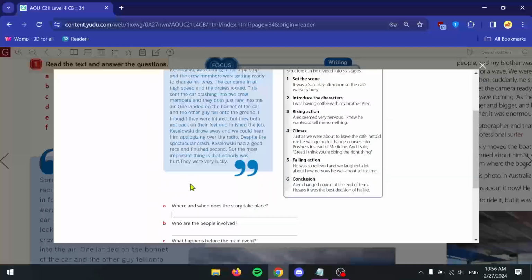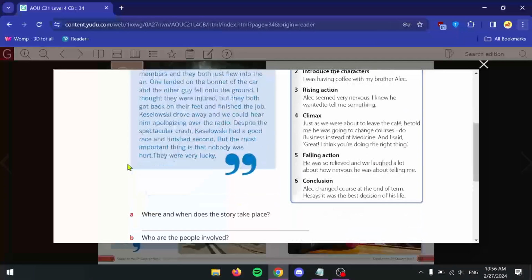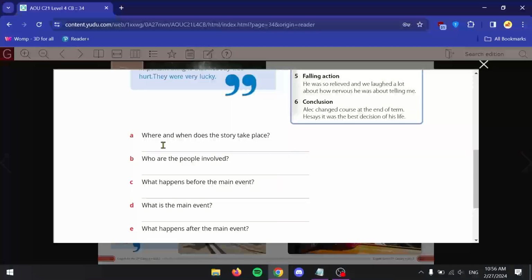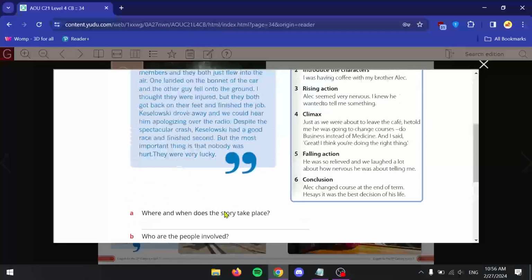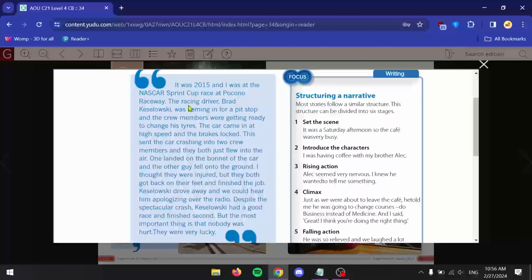Here it says, I should probably have this a little bit bigger so you guys can see. A, where and when does the story take place? We're reading this for detail here, so if we read, it'll say NASCAR Sprint Cup in 2015.